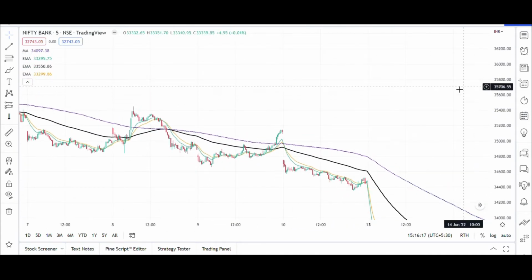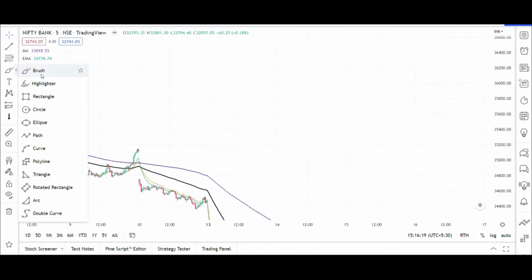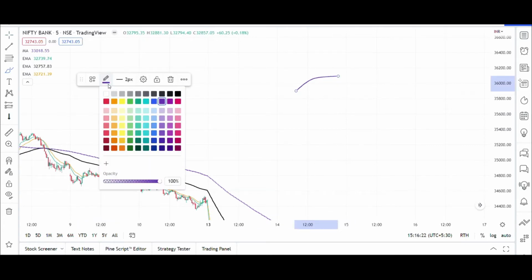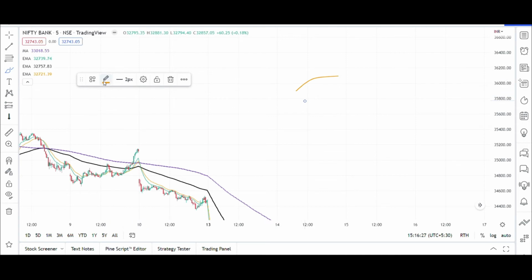First rule: your 10 exponential moving average is greater than the 20 exponential moving average, which is greater than the 100 exponential moving average.